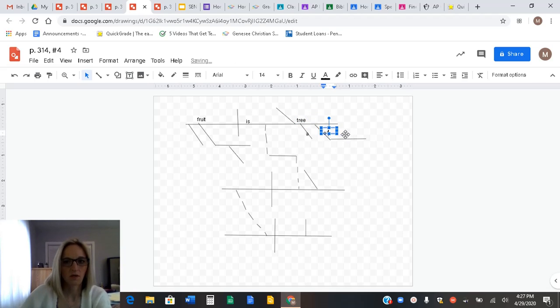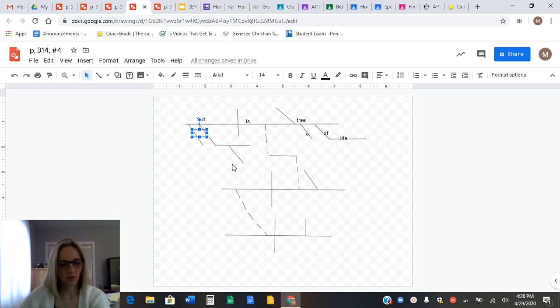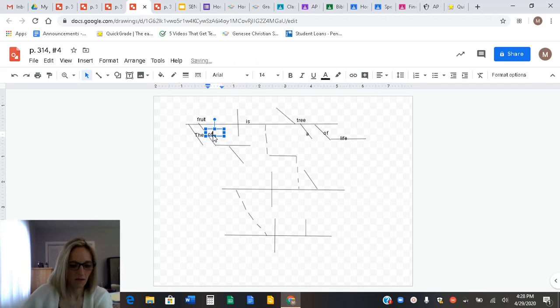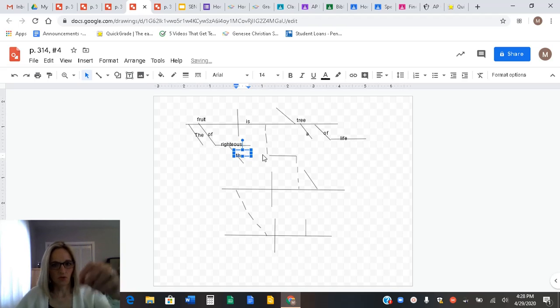A tree of life. Okay, we have some words describing fruit. The and of the righteous is describing for me what kind of fruit is a tree of life.